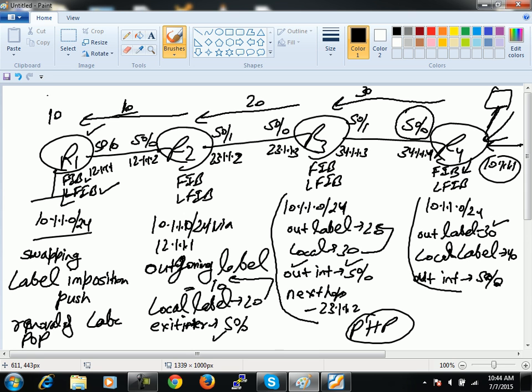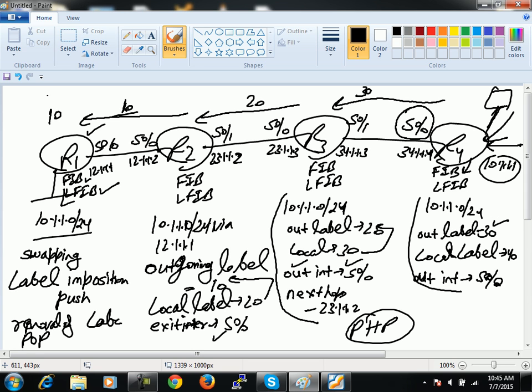FIB contains only the outgoing label, whereas LFIB will also contain the local label. So basically FIB cannot perform label swapping. Label swapping can be performed by LFIB only. With the help of FIB, you can perform imposition of a label, nothing else.